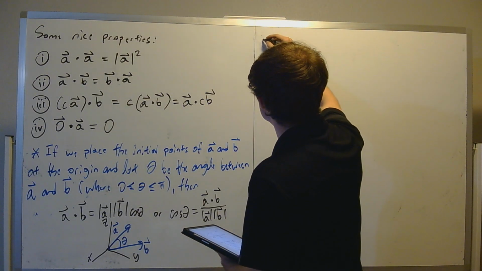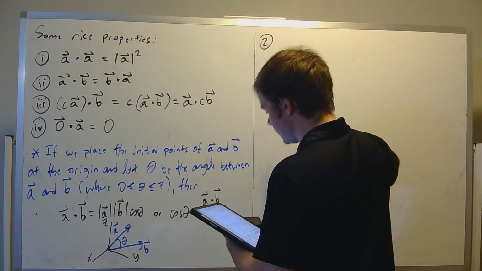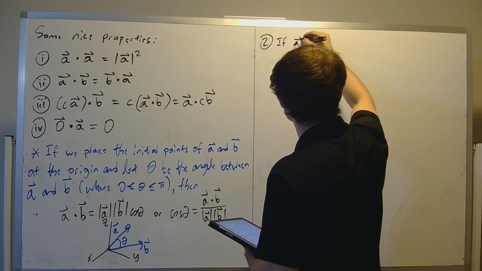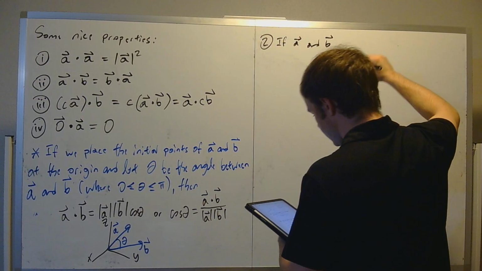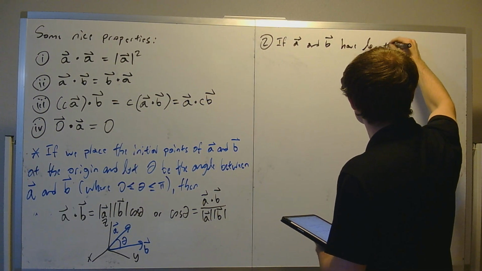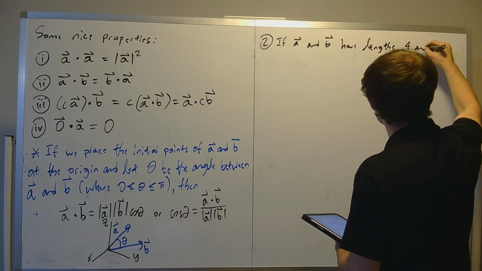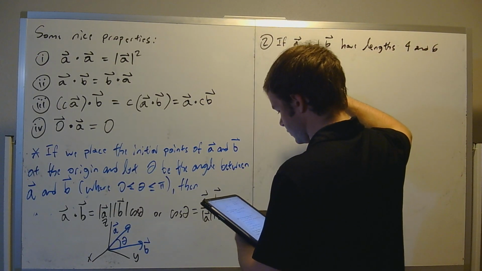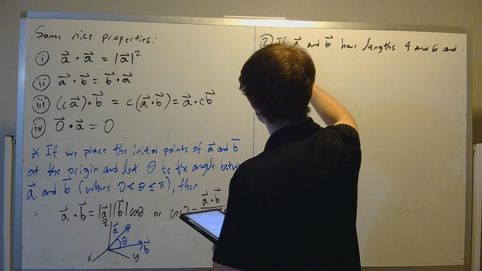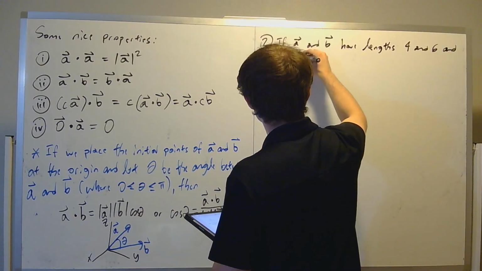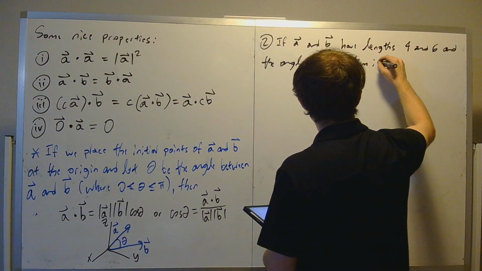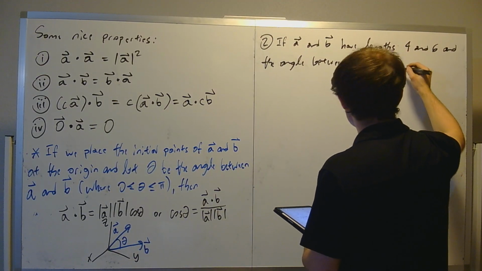Example number 2 says if A and B have lengths 4 and 6, and the angle between them is pi over 3.